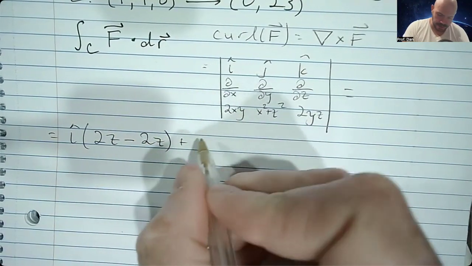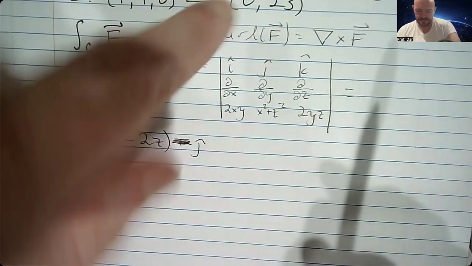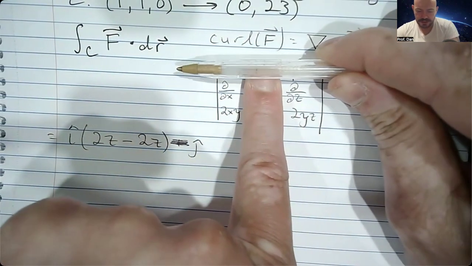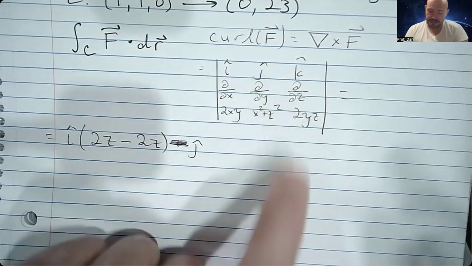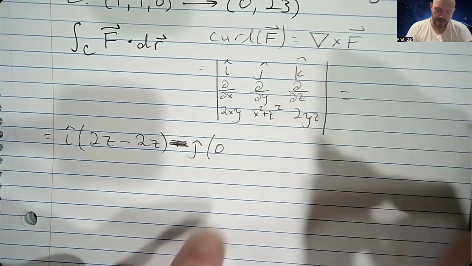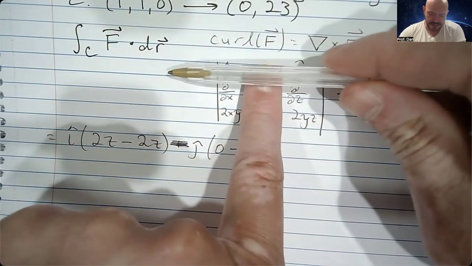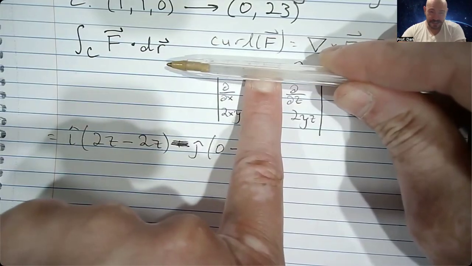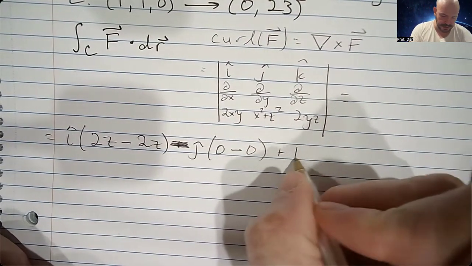So far, so good. Now for our j component, which we have to subtract, we have the partial with respect to x of 2yz. There's not an x in that expression, so that would be 0. Minus the partial with respect to z of 2xy. There's not a z in 2xy, so that's also 0. All right, cool. Now we only have one more component.